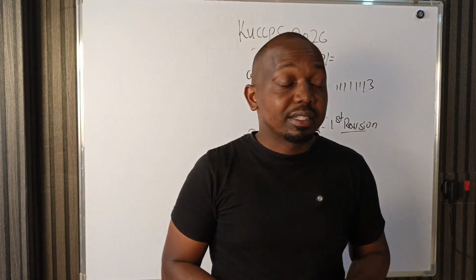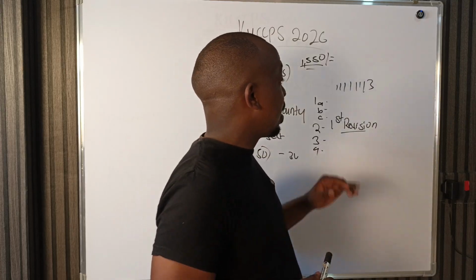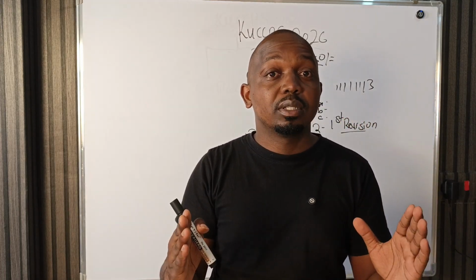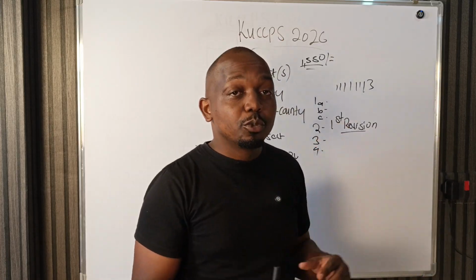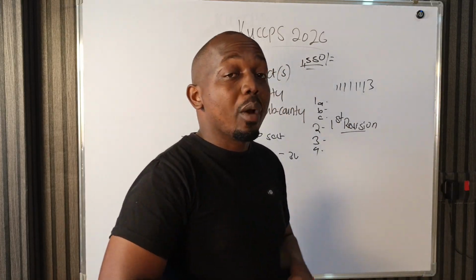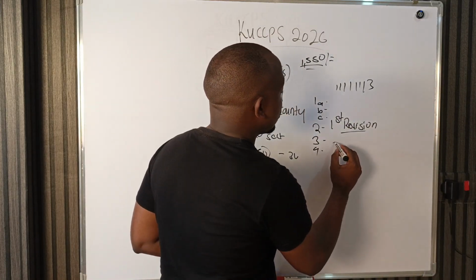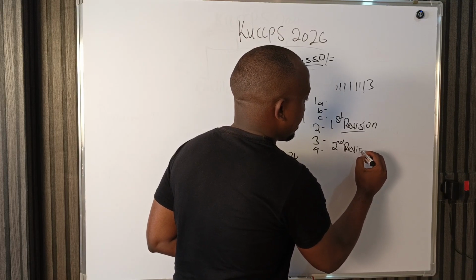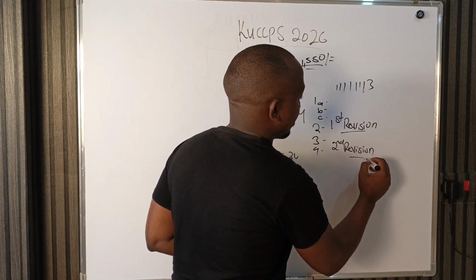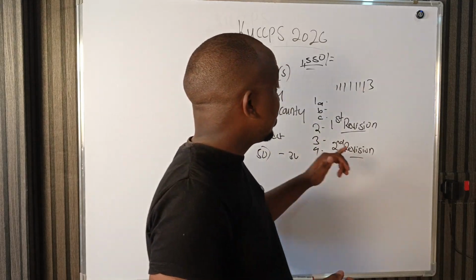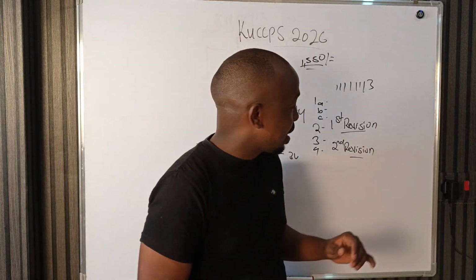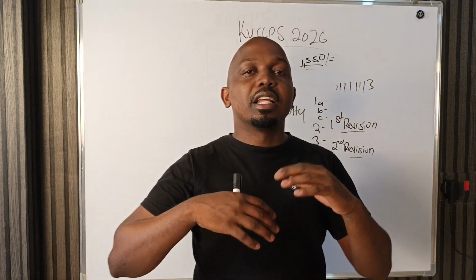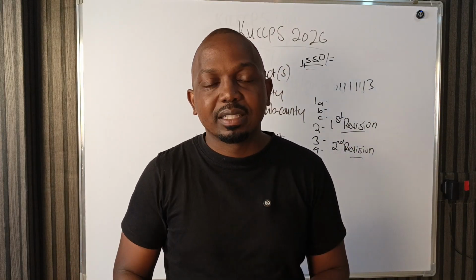What the placement service does, after the first revision is done, the portal will be closed, and they'll go back and do the sorting and the placement, whereby after a while we are going to have the second revision. Here we will have lazima tukue rada, kwa sababu after hii second revision utakuwa ushaplacewa in one of the universities.